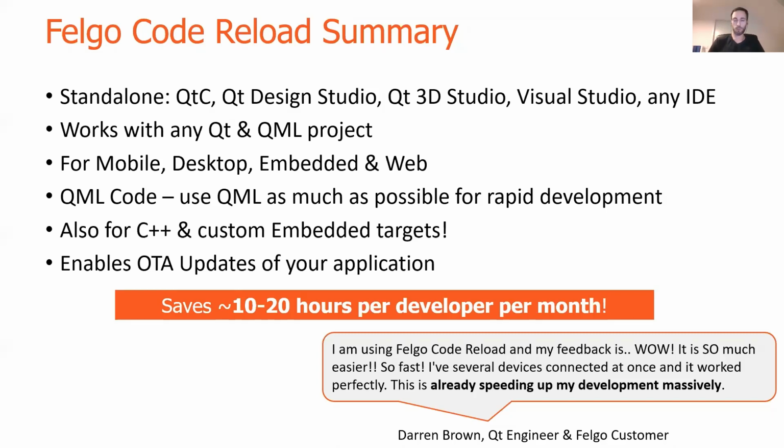This is also one of the main reasons why we suggest using QML as much as possible in your application. Not only for the user interface, where it's very obvious why you should use QML, but also for application logic, which is not really time critical or real-time relevant. These things are good to do in C++, but the application logic reacting to user input is mostly not real-time critical because you don't have the mass of data there.